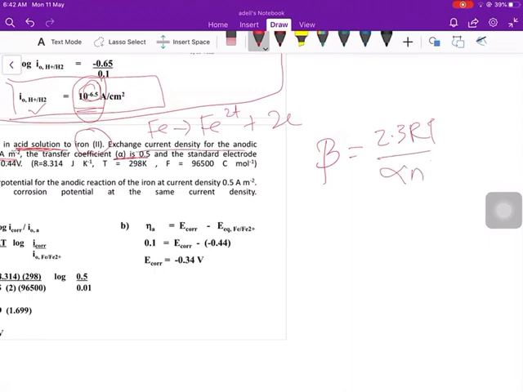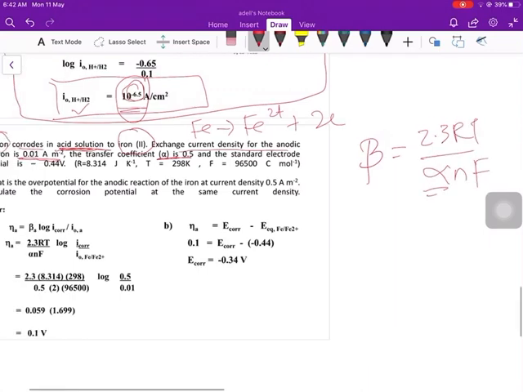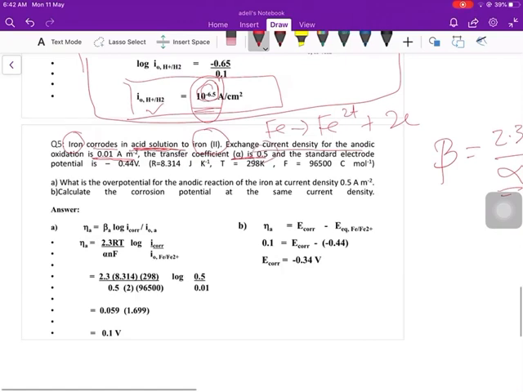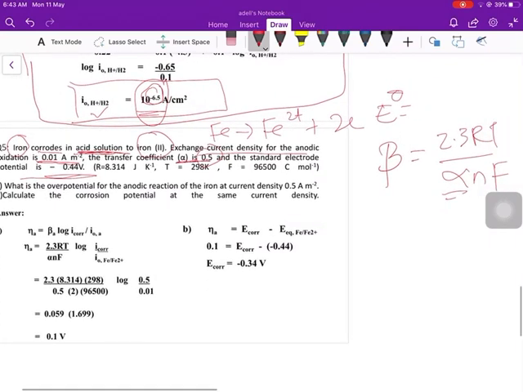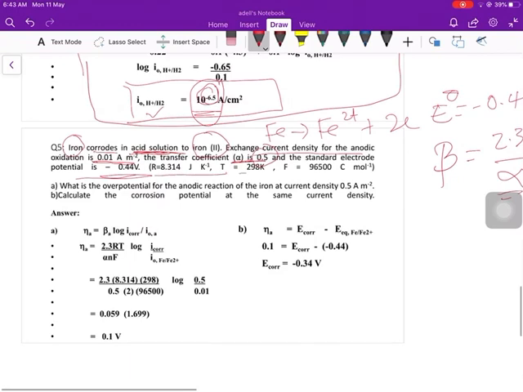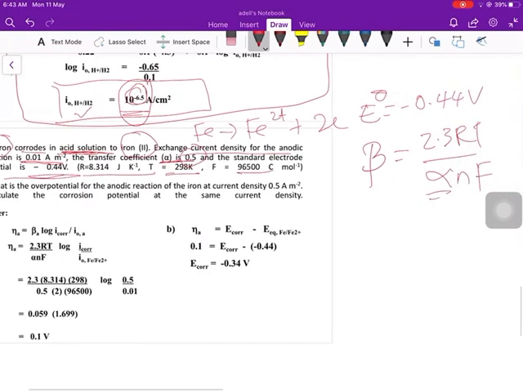So you must remember that beta is 2.3 RT over alpha n F, where alpha is the symmetry coefficient given.